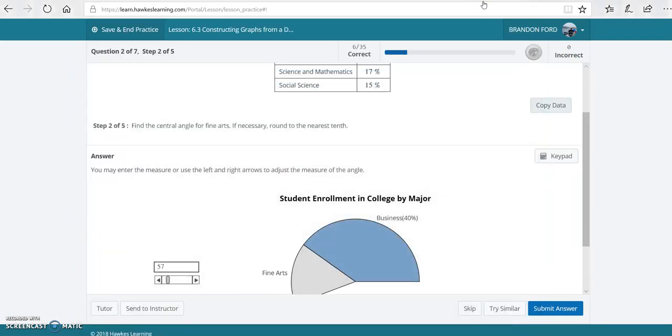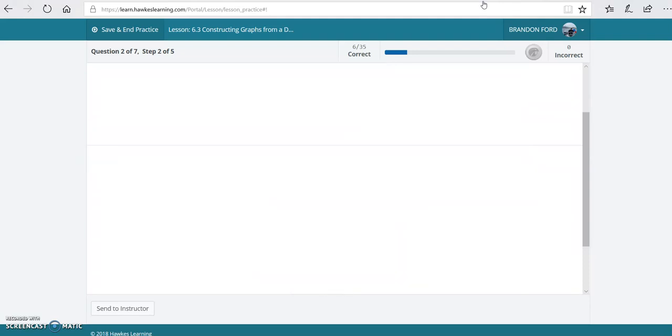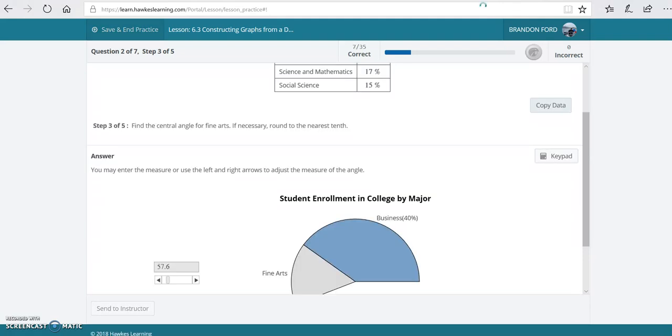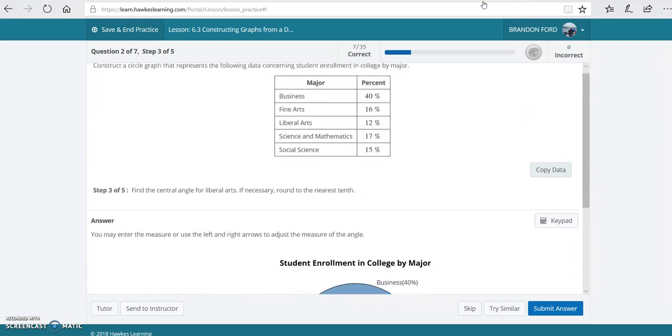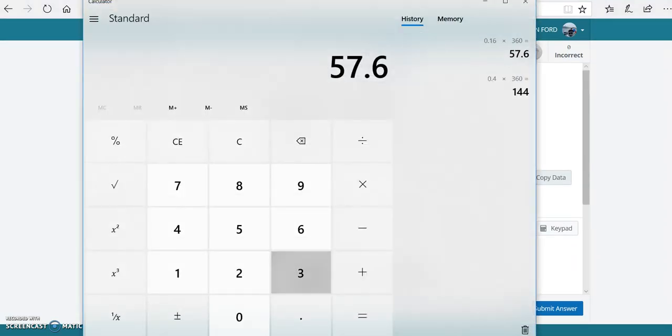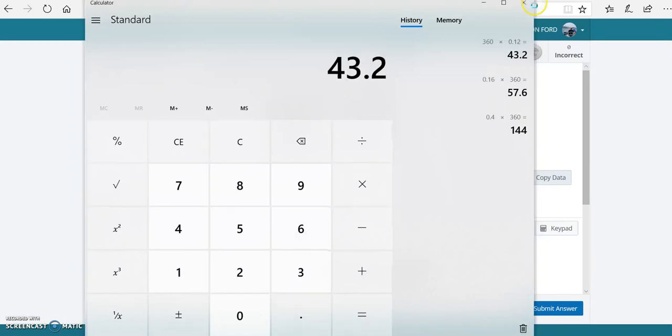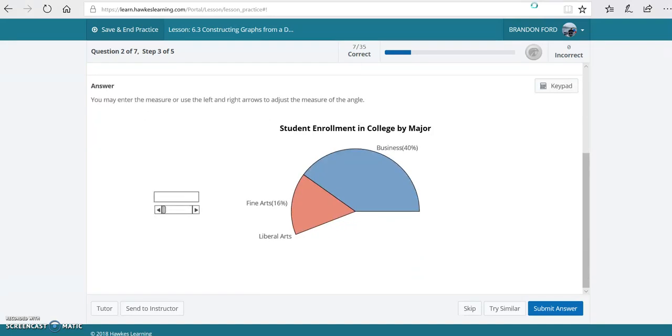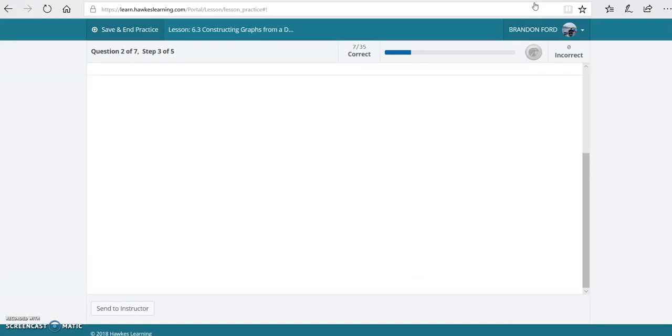Finding the same for liberal arts. That's 0.12. So 360 times 0.12 gives us 43.2.